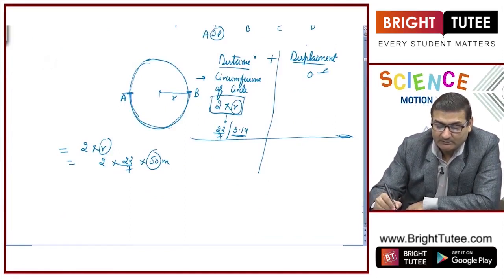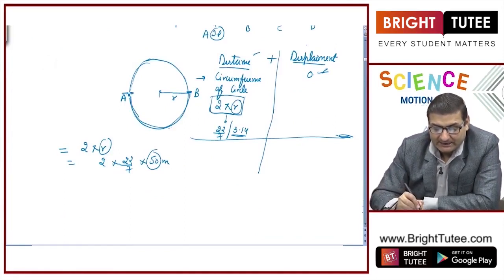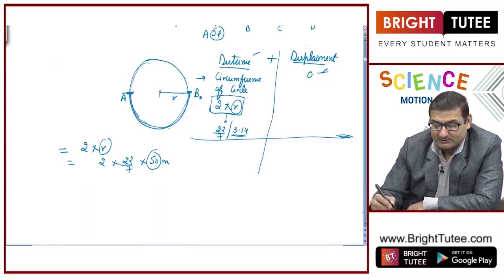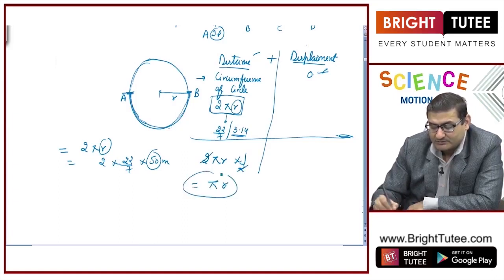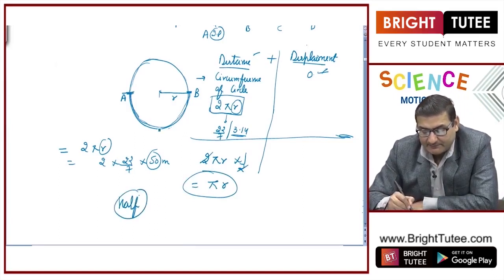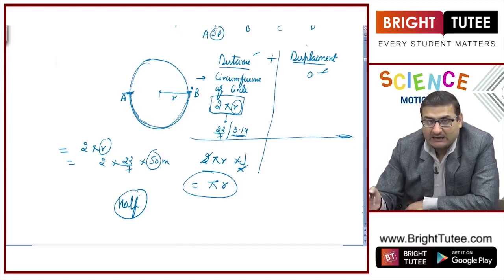When I talk about the distance travelled, I have travelled from point A to this point B. This is half of the circumference. So the total circumference was 2 pi r. Half of it means it will be pi r. So if I have taken a half rotation of the park, then my distance travelled will be pi r.